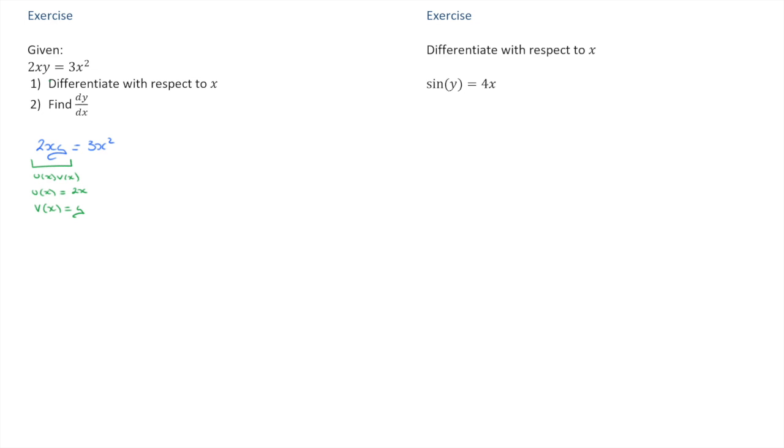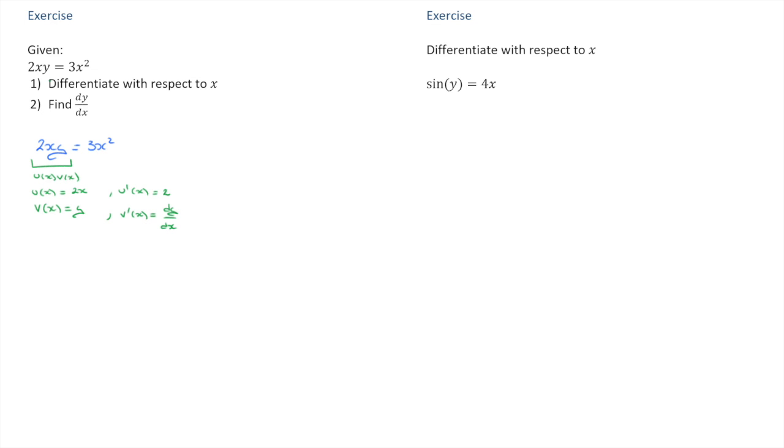We need to always keep in mind that y should be thought of as y of x. It's a function of x, like f of x or g of x or h of x. So each time we see y in this kind of expression, we need to be thinking that it's a function of x. Now, if u of x equals 2x, then u dash of x is equal to 2. If v of x is equal to y, then v dash of x will be equal to dy/dx.